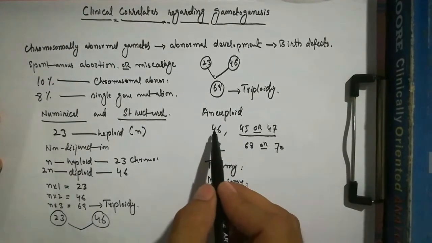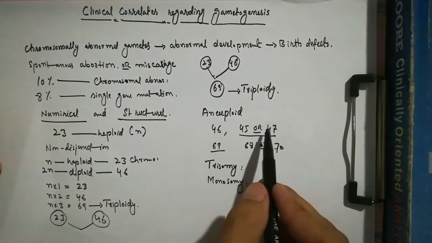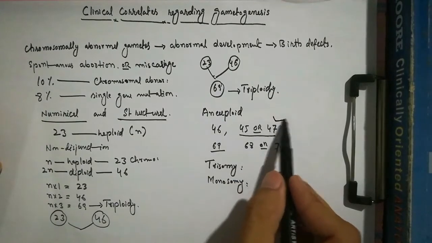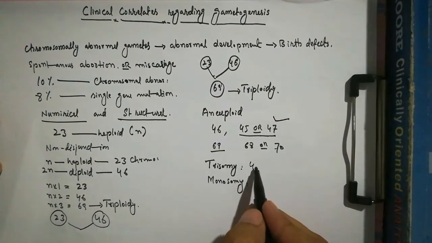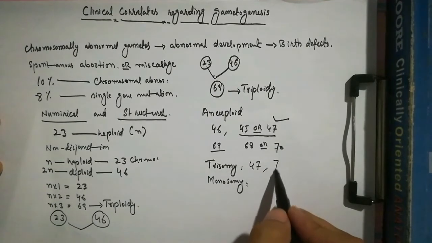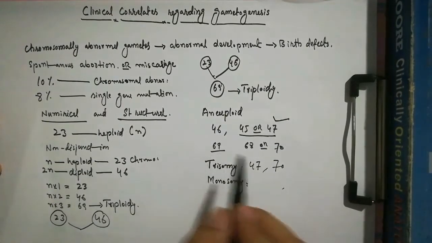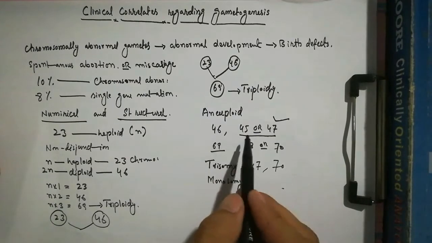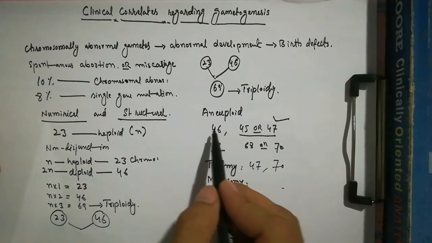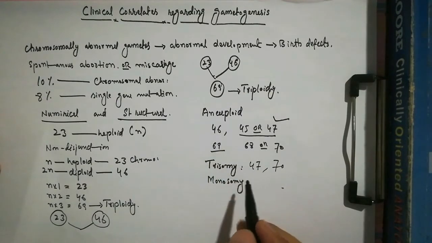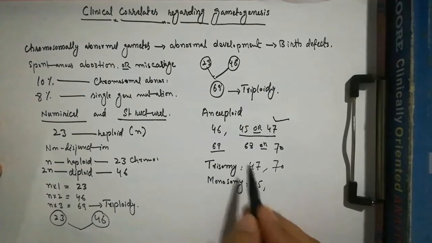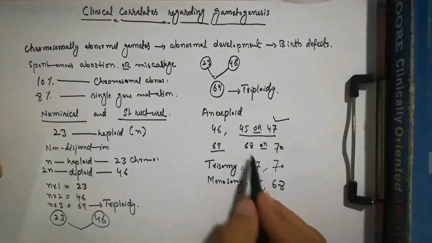Means if 46 is euploid, then the aneuploid number that is more than euploid means 47. This is trisomy. Or here 70. And if the aneuploid number is less than euploid, this is called monosomy. Means 45 or 68.